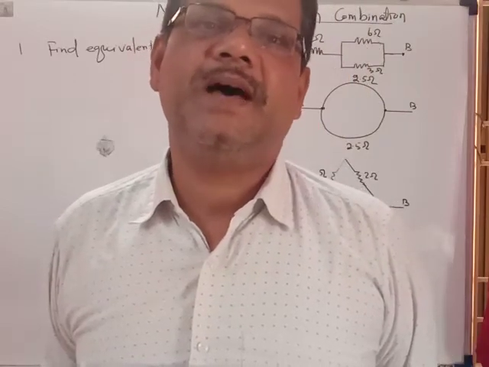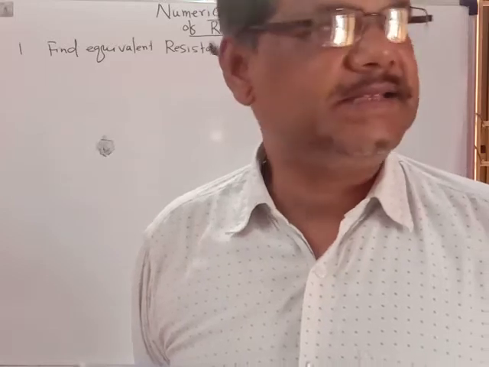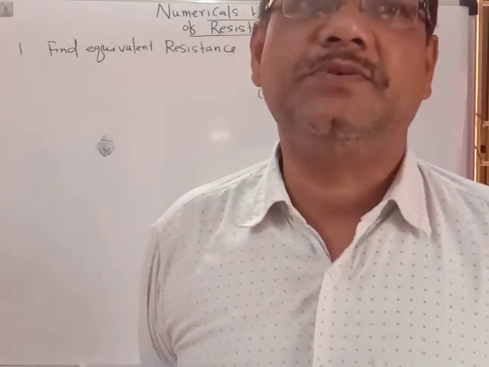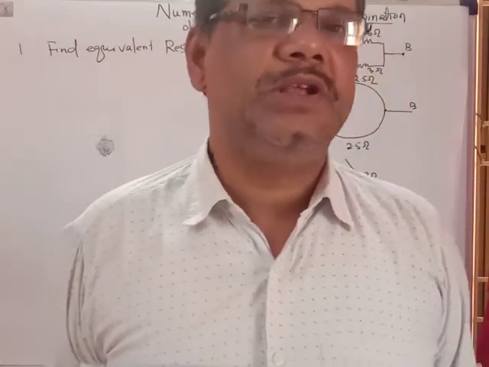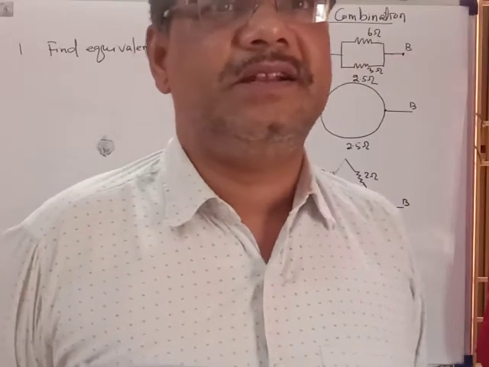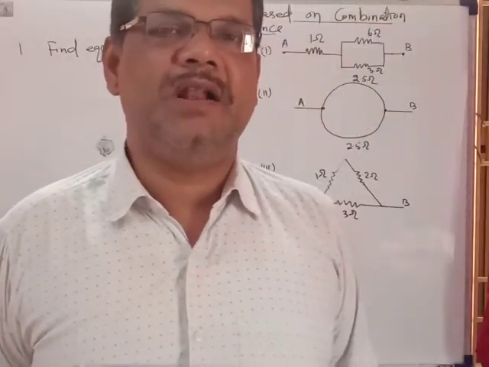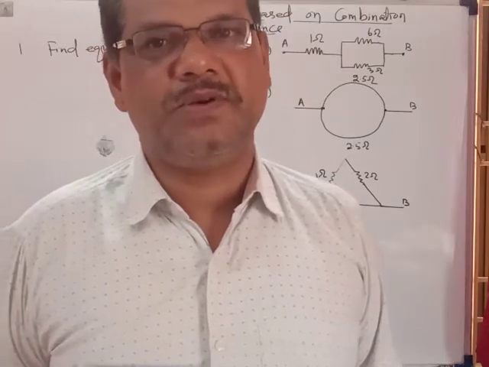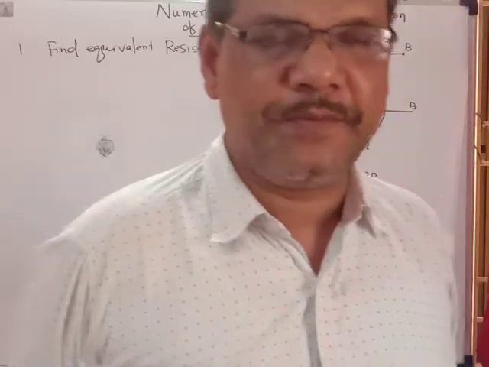But in case of parallel grouping, the reciprocal of the equivalent resistance is equal to the sum of the reciprocals of the individual resistances. So you know the formulas, and we know the derivation: R equal to R1 plus R2, and 1 upon R equal to 1 upon R1 plus 1 upon R2. You know it for both series and parallel grouping.